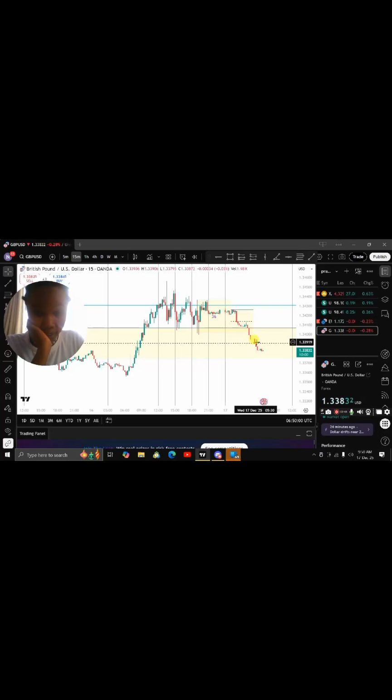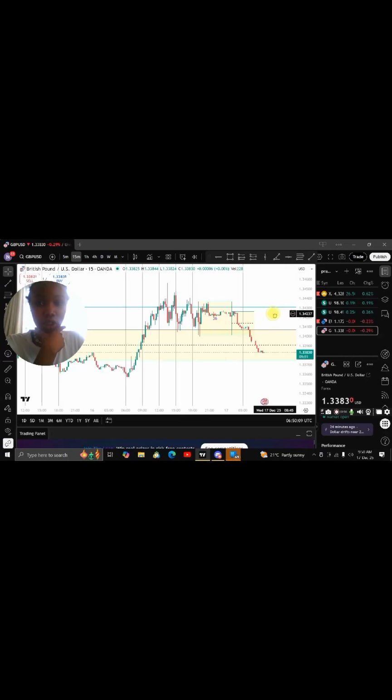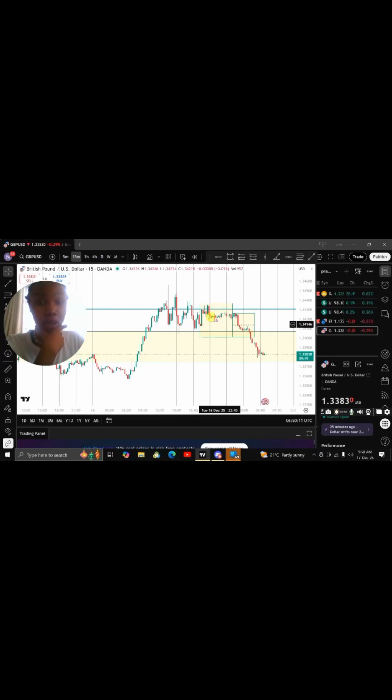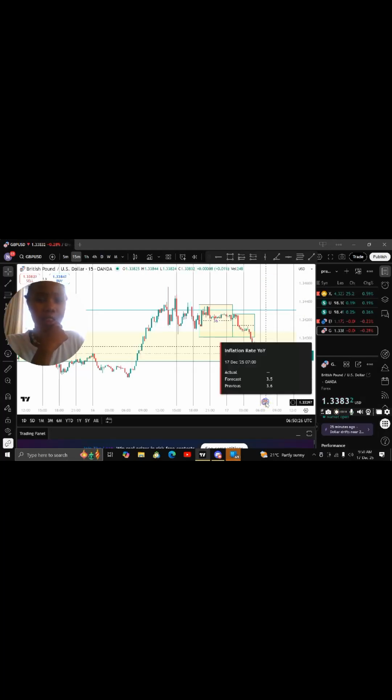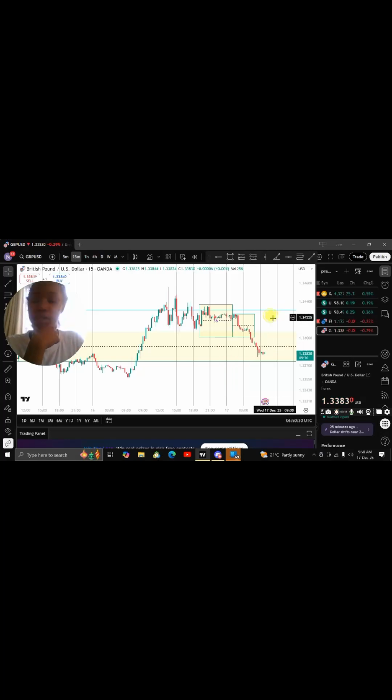My model is that I look for accumulation, manipulation, and then distribution. So for my short, this is my accumulation zone, this CBDR, which is 36 pips. Obviously, I was looking for manipulation above here. Then as the news comes out, because I have CPI in the next 10 minutes.